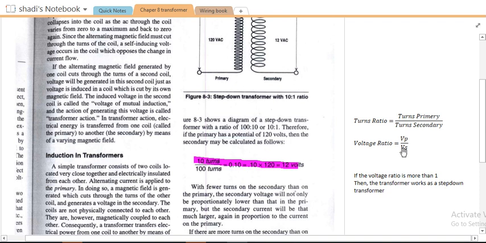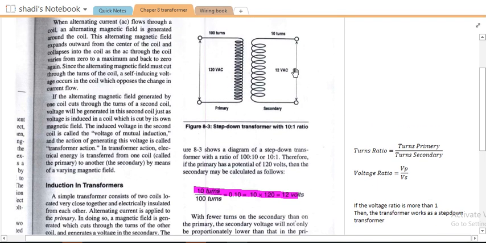So if the voltage ratio is, let's say, 10, then V secondary equals 120 over 10, which is equal to 12. So this is a step down transformer.